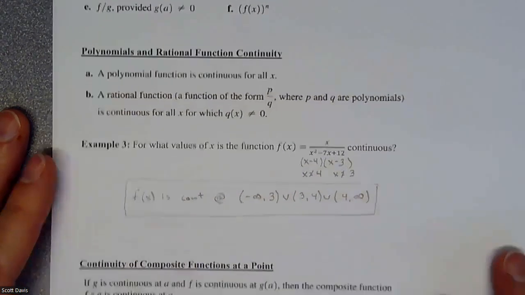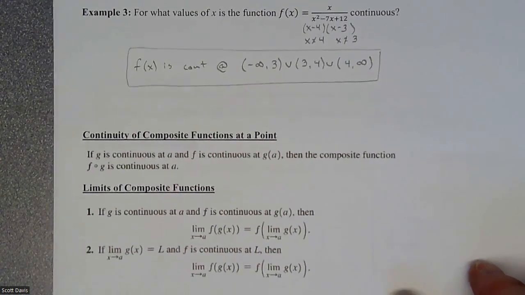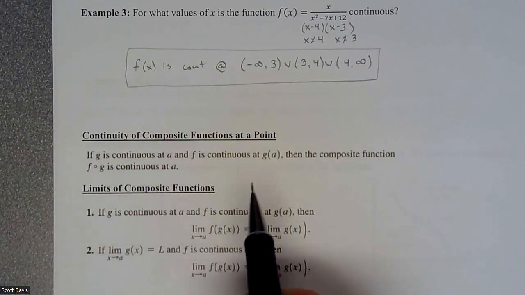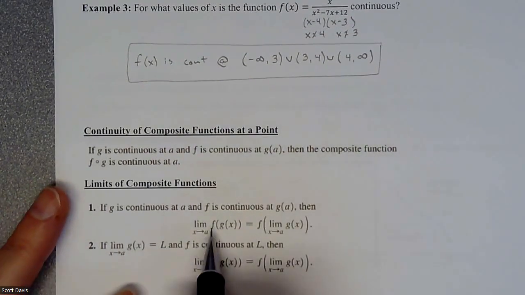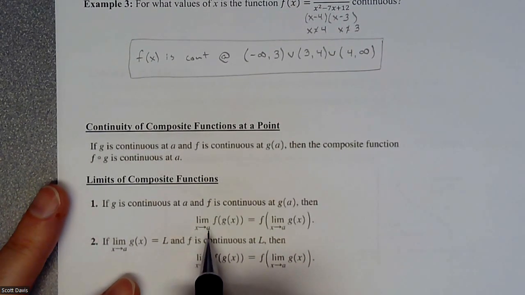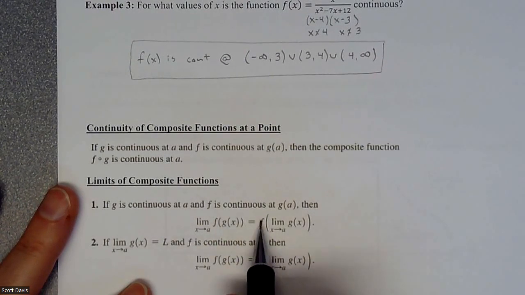All right, and then one other thing that's going to lead us to some problems that we'll do in the next video is compositions. So compositions are going to be functions within functions, right? And so if you have this function within a function, you can actually try to simplify this. This will kind of help your cause here a little bit: you can take one of the functions out.